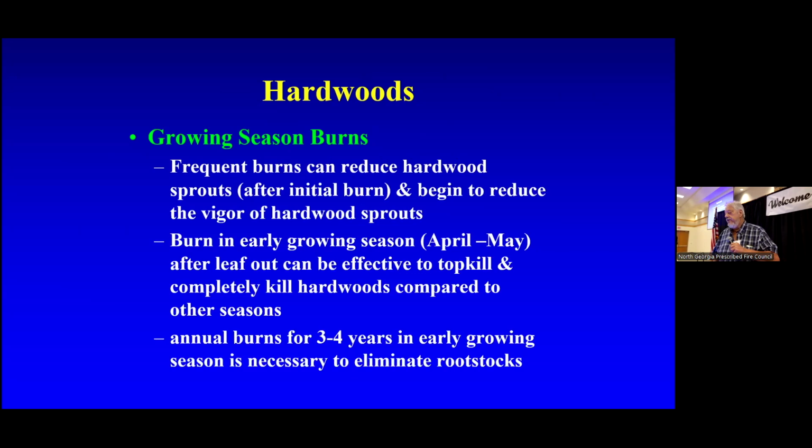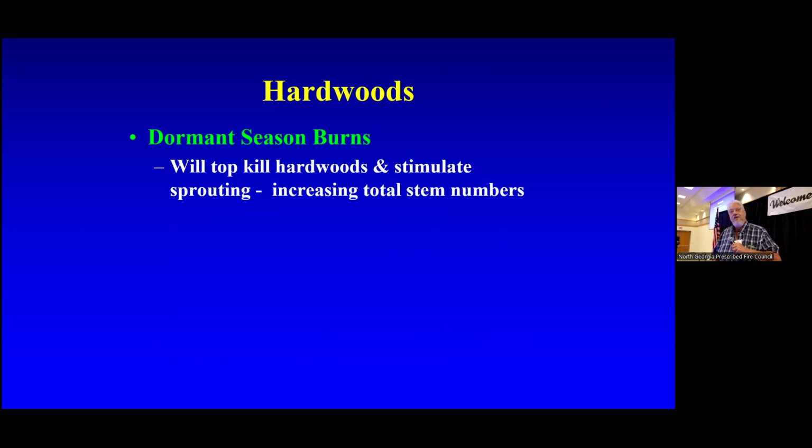Now, one of the things that happens with that dormant season burn, or the first burn in any season where you've got a substantial number of young hardwoods, is you just make them mad. You're going to have a lot more stems out there because of the sprouting potential that you've got. And some species, depending on diameters, you'll get a little bit better top kill than others, but you're going to have more stems out there.